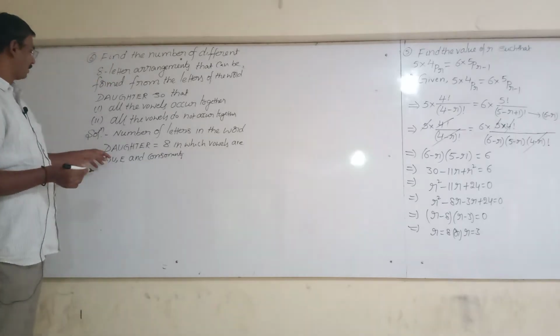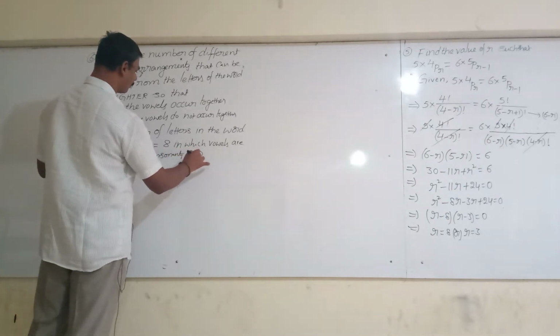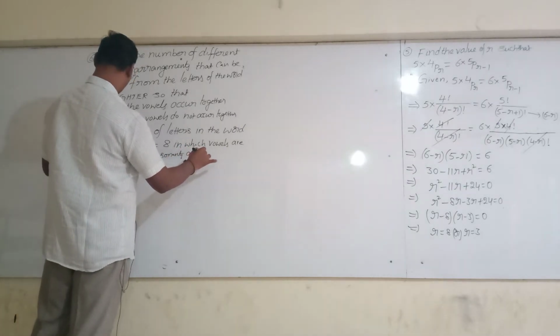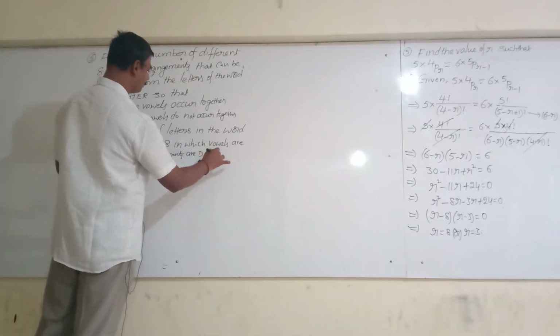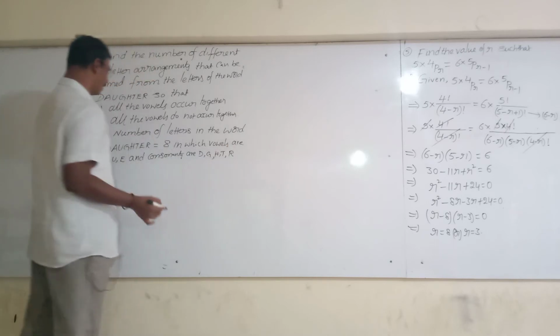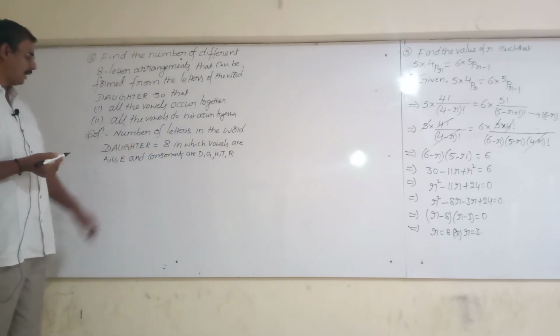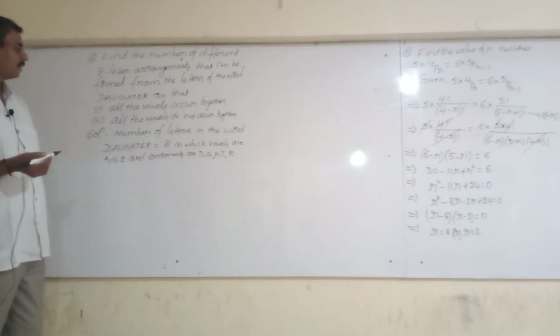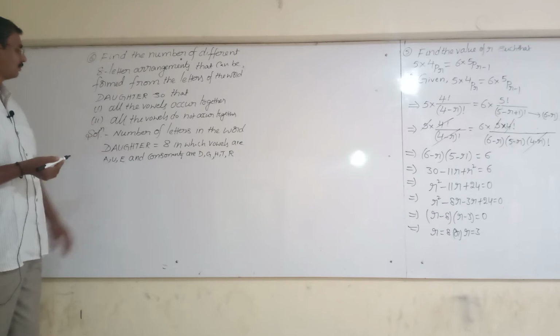And consonants are D, G, H, T, R. Vowels are A, U, E, and consonants are D, G, H, T, R. Okay, this is the given.